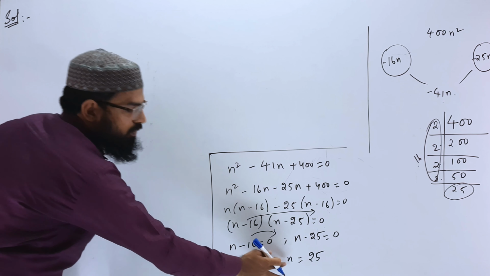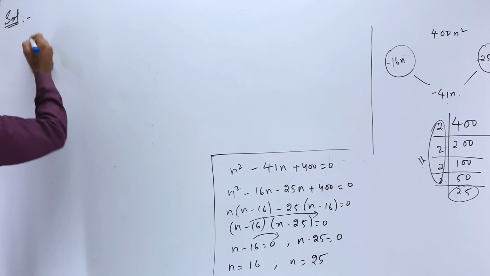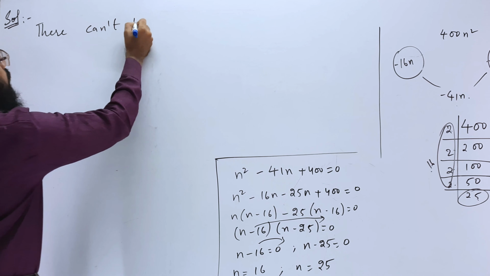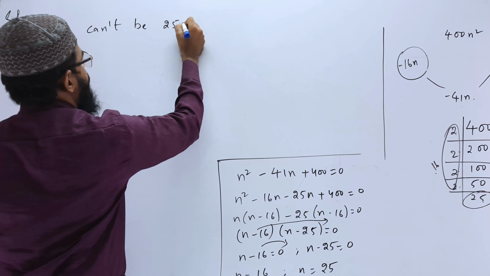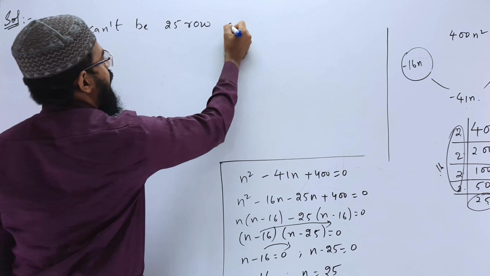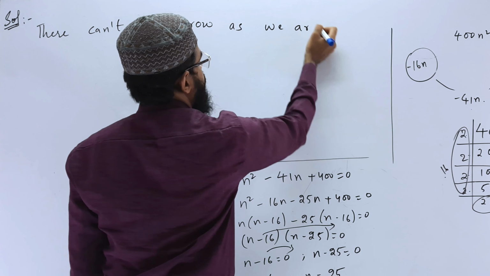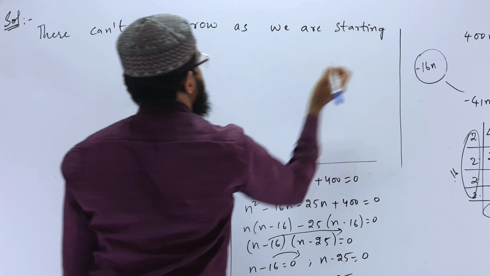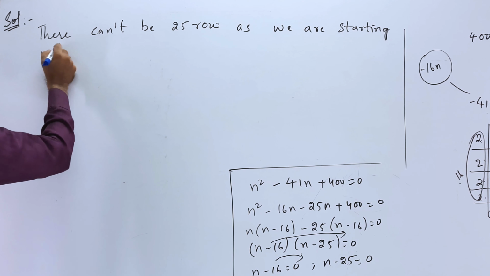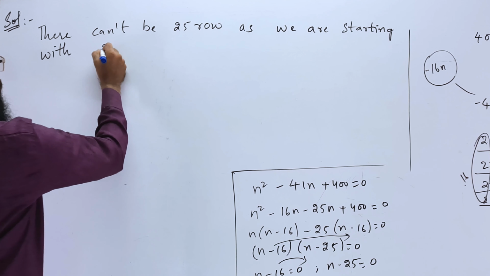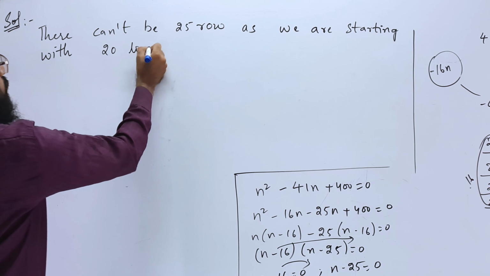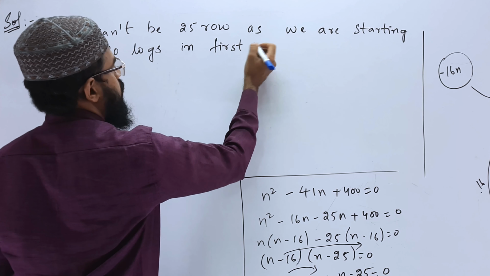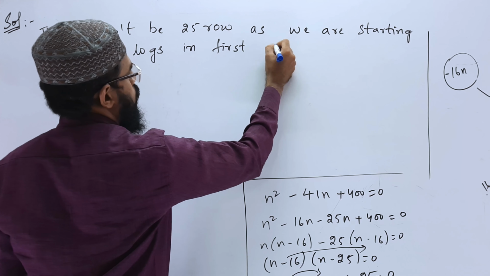So therefore, here we cannot take 25. Why? There can't be 25 rows as we are starting with 20 logs in the first row.